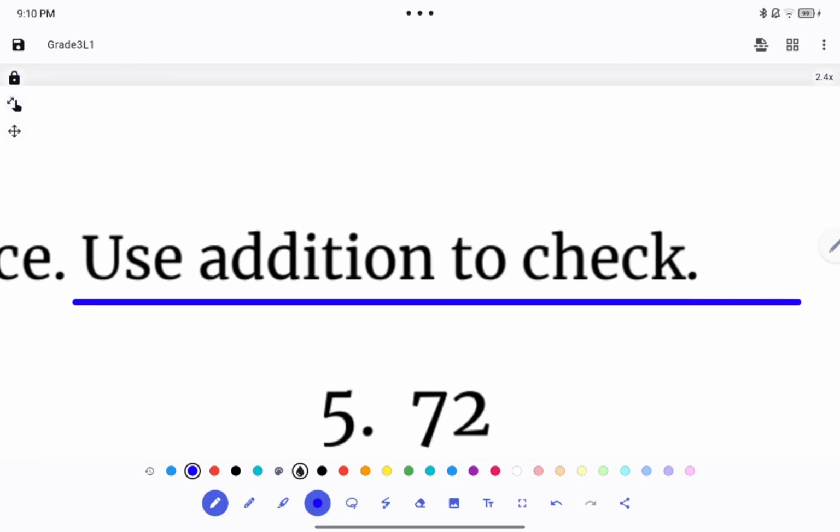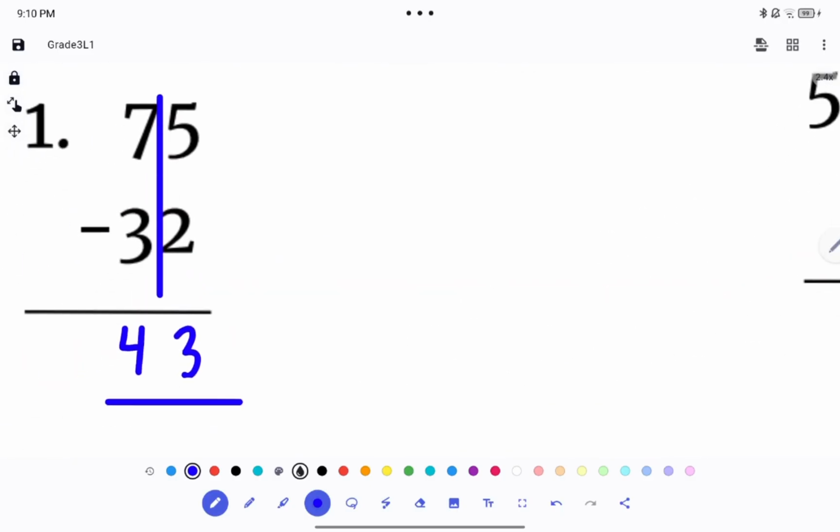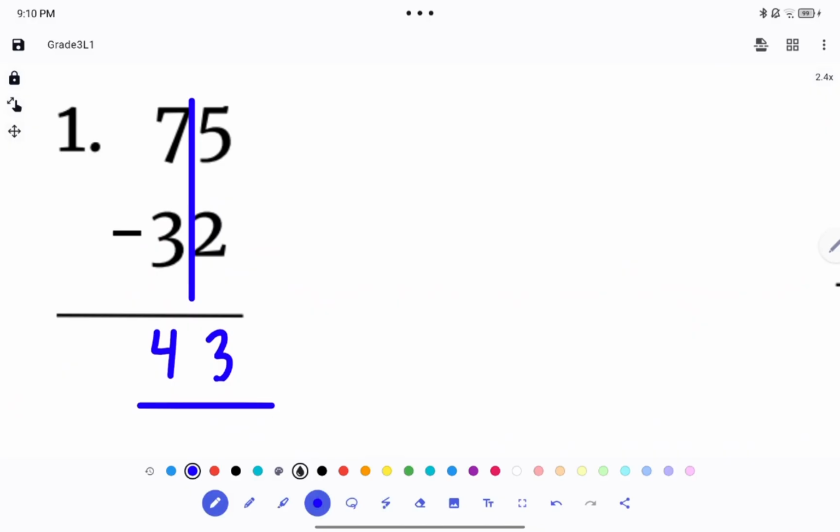Now, since this said to use addition to check, let's do that. So, one easy way to do this is you get your final answer, and you add it to the number that you subtracted from your original number. So, we have to ignore this minus sign because that's the subtraction that we just did.